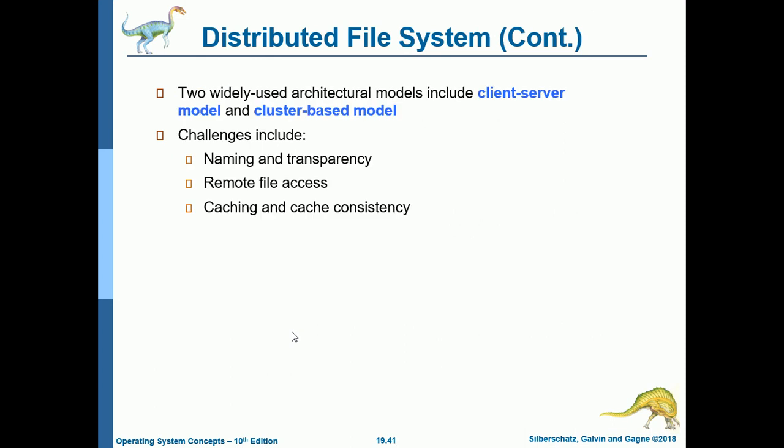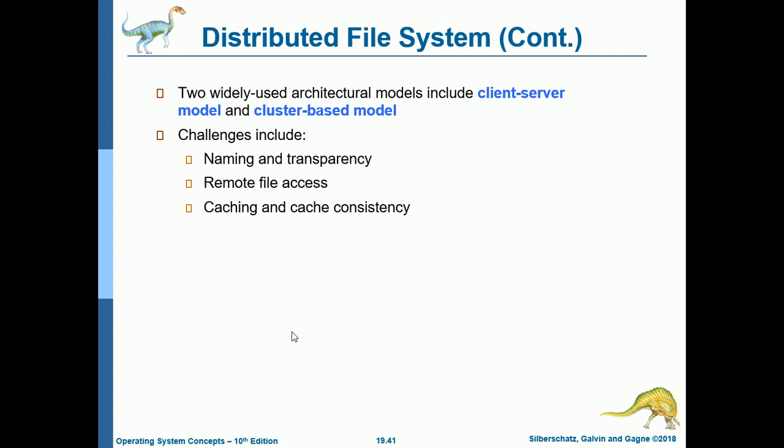Two widely used architectural models include the client-server model and the cluster-based model. As we have already seen, in client-server we have a server that has the resources and the client will access that. Again, the real world analogy for that is a mother and a baby or a child.